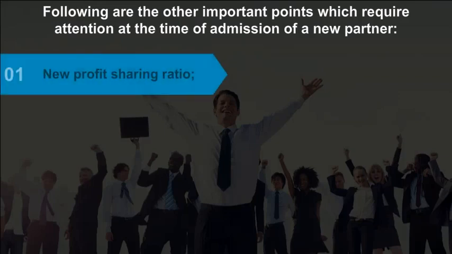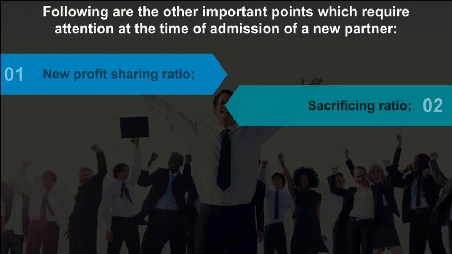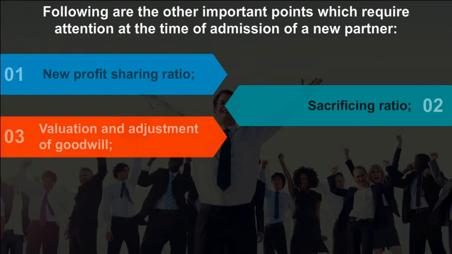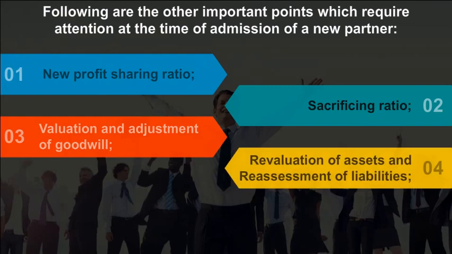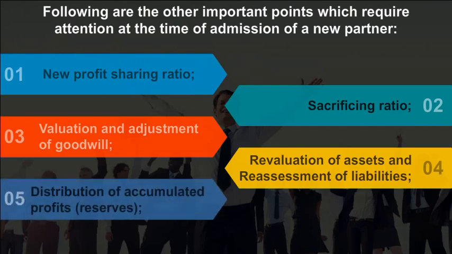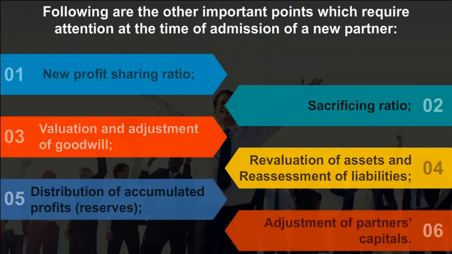New profit sharing ratio. 2. Sacrificing ratio. 3. Valuation and adjustment of goodwill. 4. Revaluation of assets and reassessment of liabilities. 5. Distribution of accumulated profits, reserves. 6. Adjustment of partners' capitals.